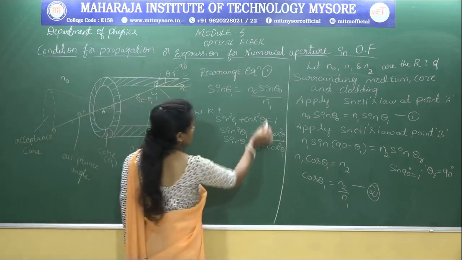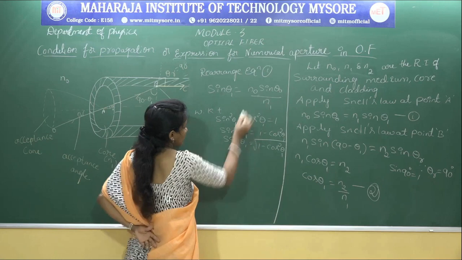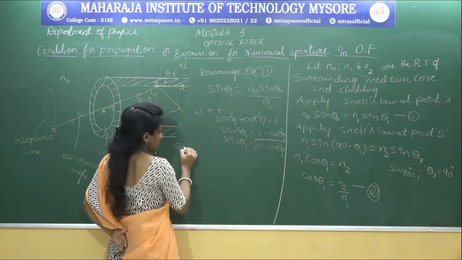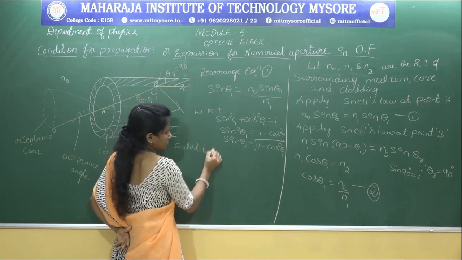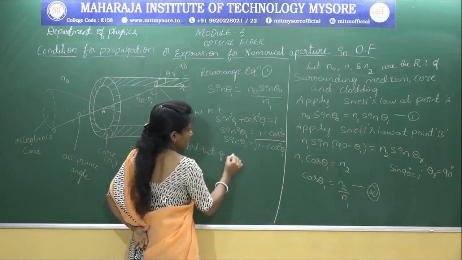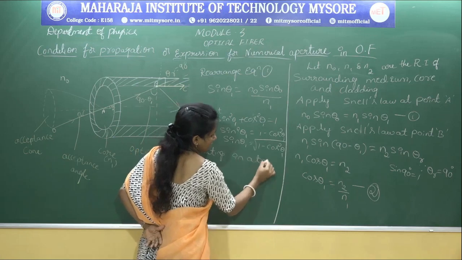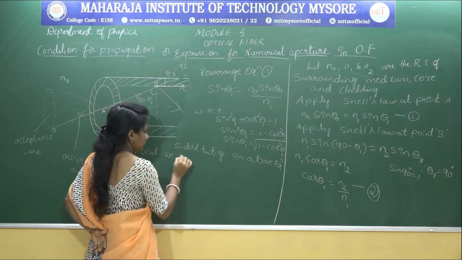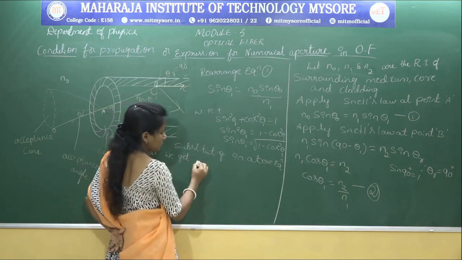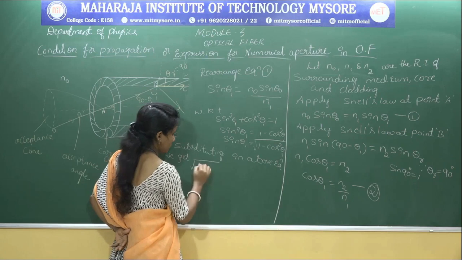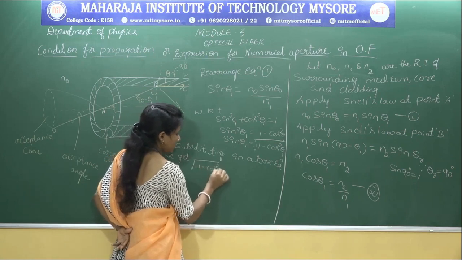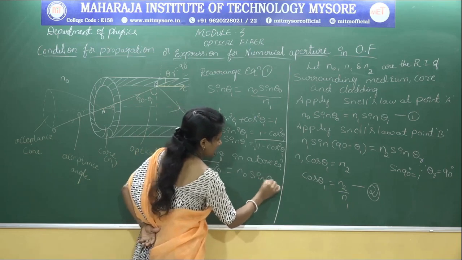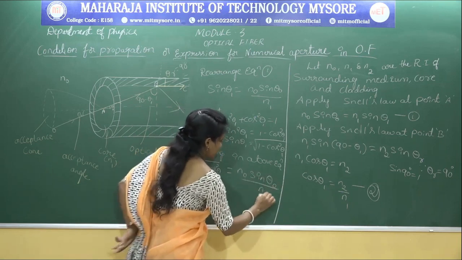Now substituting this in the above equation, we get root of 1 minus cos square theta 1 is equal to n naught sin theta naught by n1.